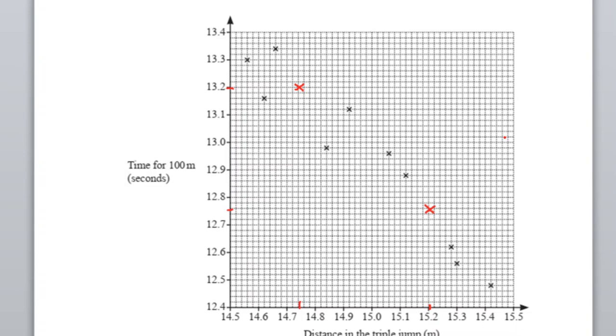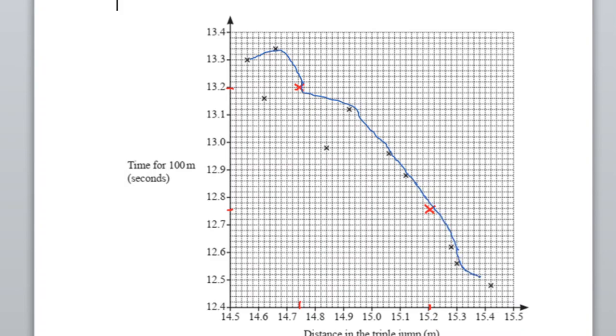Part C, on the scatter diagram, draw the line of best fit. Now, to draw the line of best fit, one way of doing that is that you draw the outline of the given data with a very light pencil. We'll rub this later, so this needs to be as light as possible, right?